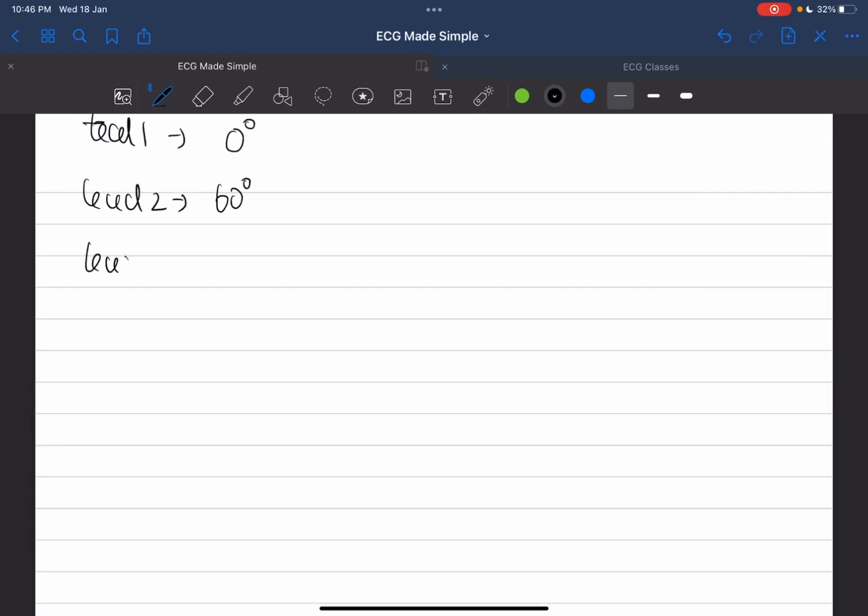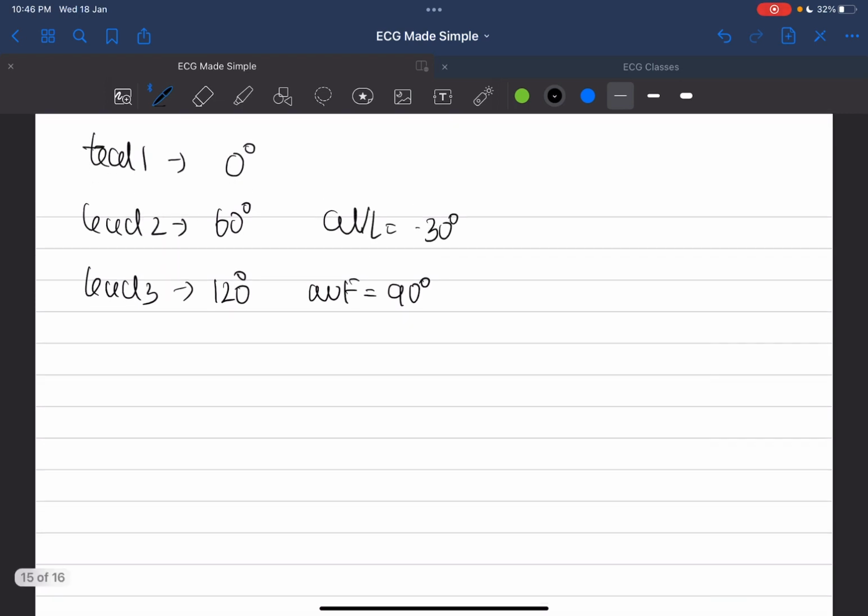Lead 3, if positive, think in terms of 120 degrees. If AVF has the tallest QRS complex, think of 90 degrees. If AVL has a positive QRS complex, think of minus 30 degrees. If AVR has the highest positive QRS, think of minus 150 degrees.